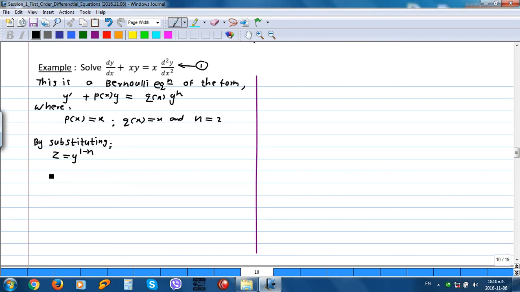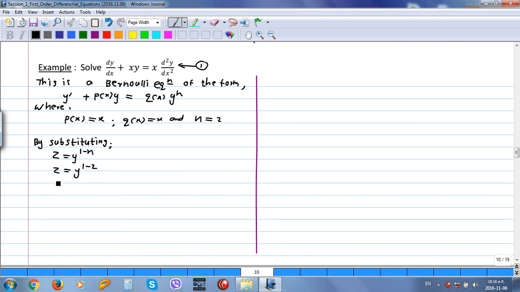Here n equals 2, no? So we can write z equals y to the power 1 minus 2, that is z equals y to the power minus 1, it means 1 over y.